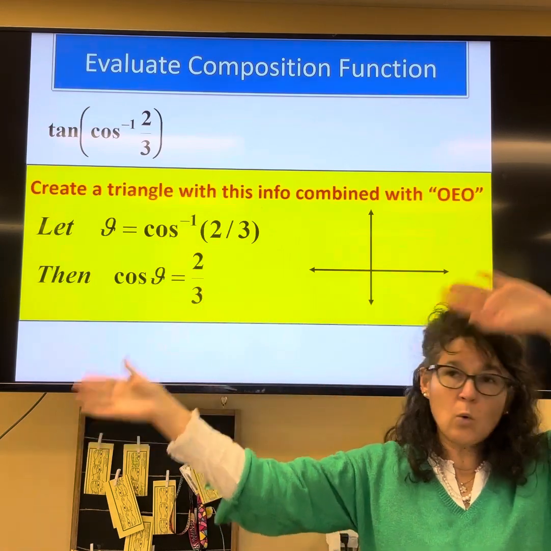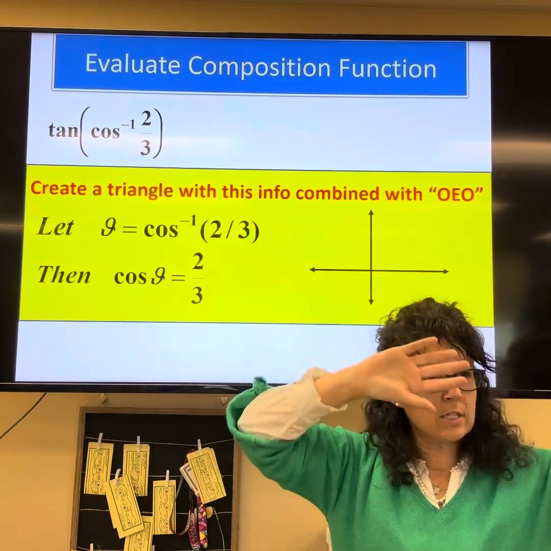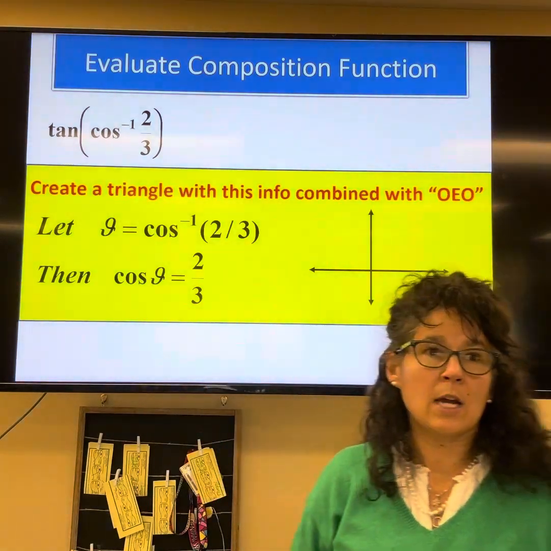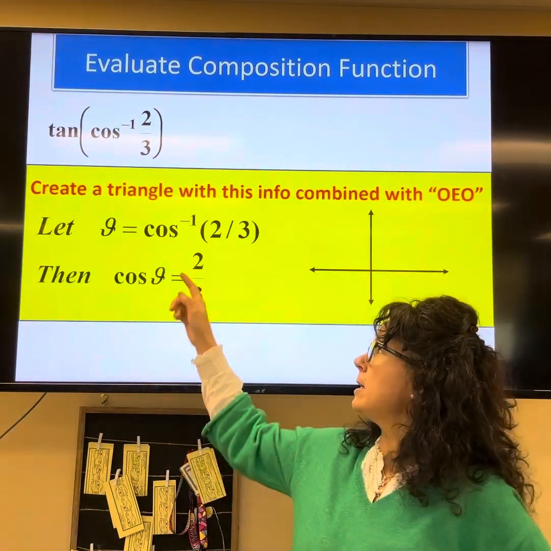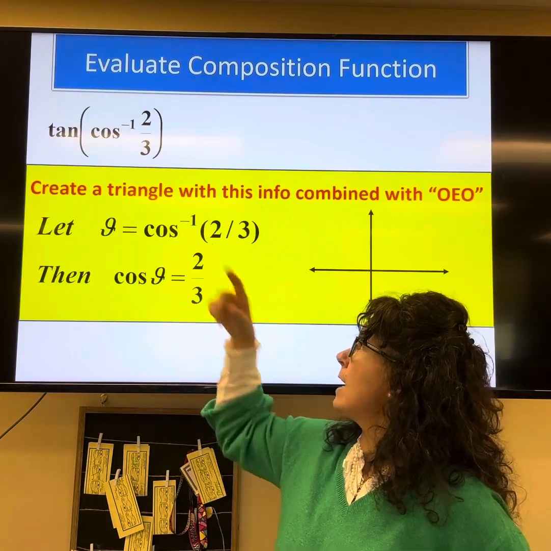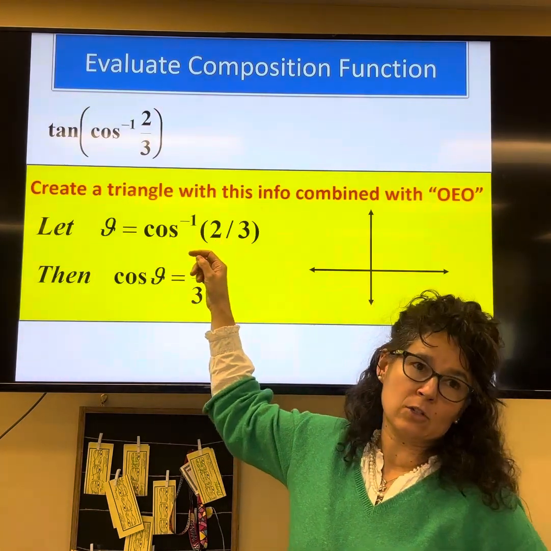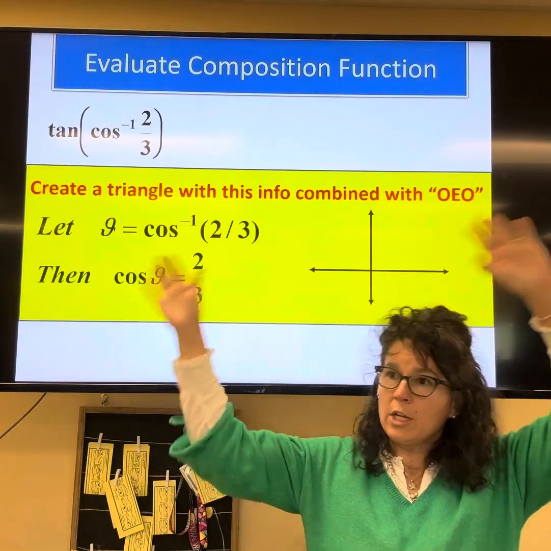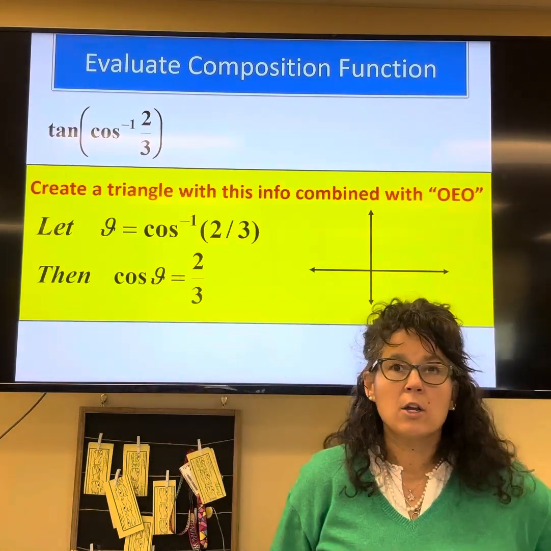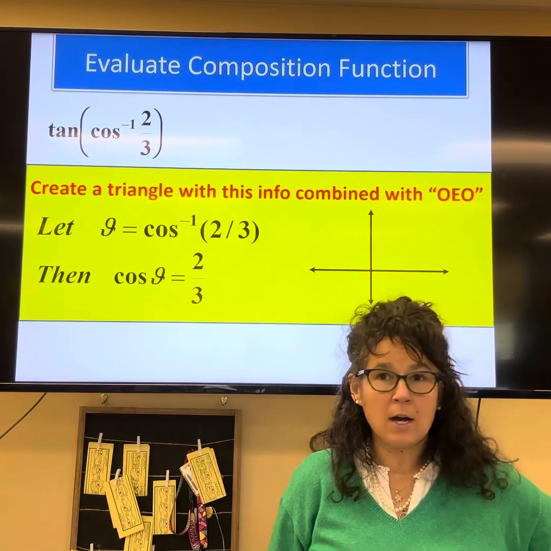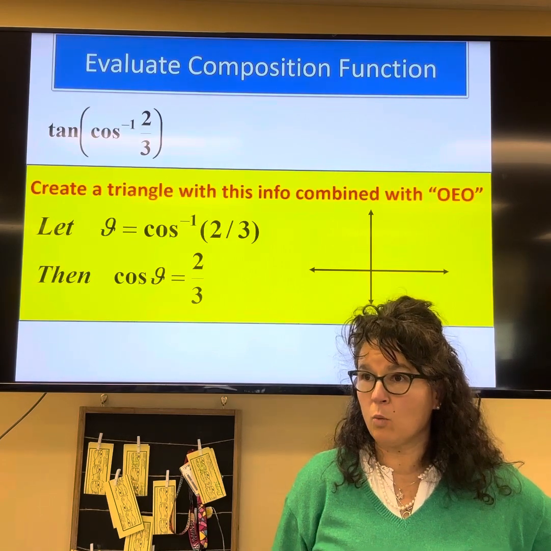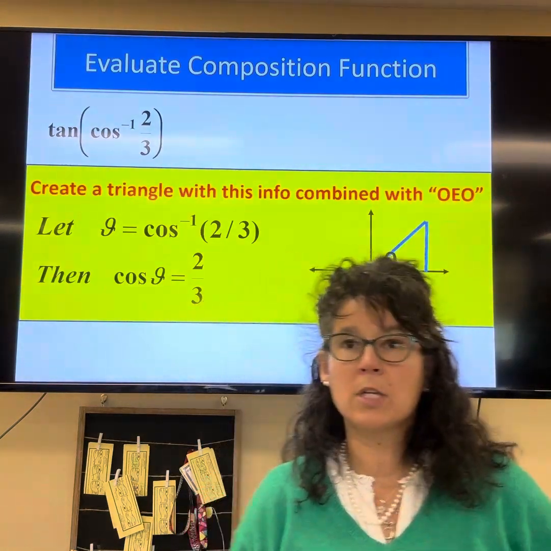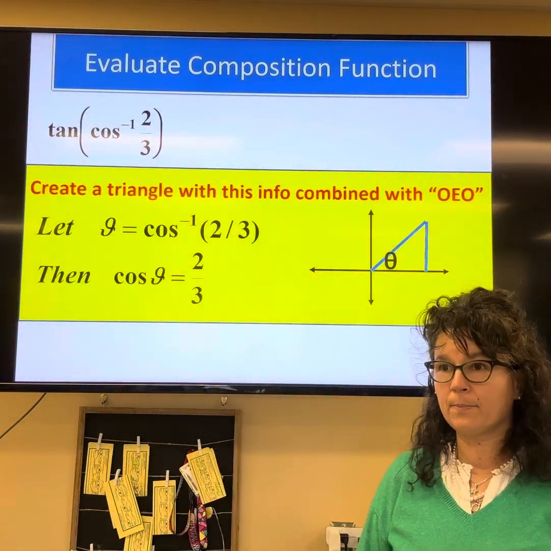So it's either in quadrant 1 or in quadrant 2. And if cosine is going to be the angle measure that has an x coordinate of 2/3, the only quadrant between 1 and 2 where you have a positive x coordinate would be quadrant 1. So we want to build this triangle on the bow tie in quadrant 1.